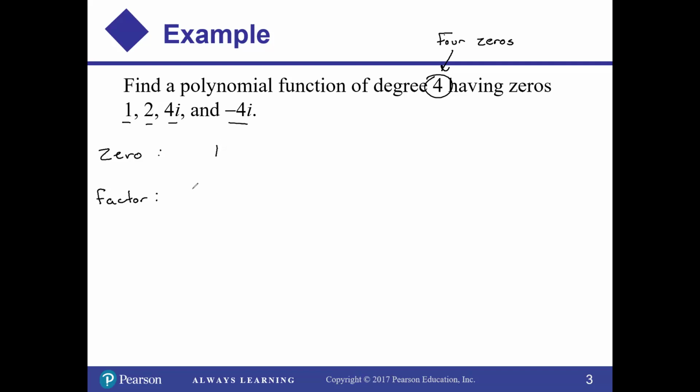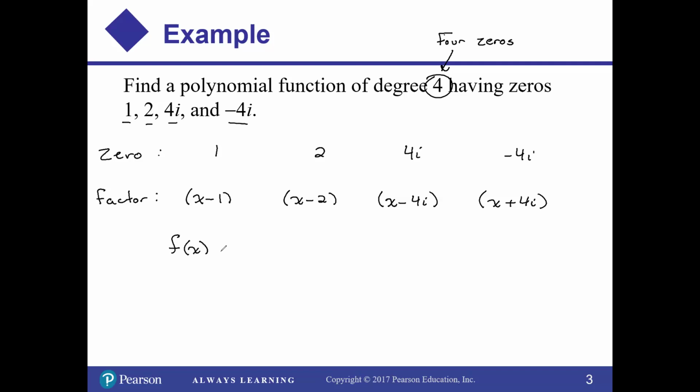If I have a zero of 1, I had to have a factor of x minus 1. If I had a zero of 2, I had to have a factor of x minus 2. If I had 4i, I had to have a factor of x minus 4i to make 4i a root, or a zero. And if I had -4i as a zero, I had a factor of x plus 4i.